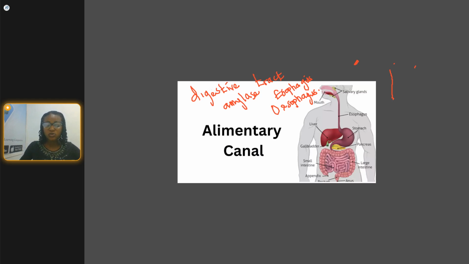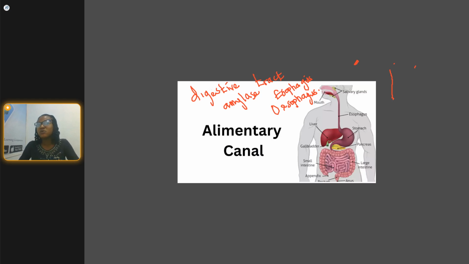And what is the function of the esophagus? It contracts like wave-like muscles. It contracts to move the food to the stomach. It's like something is pumping.